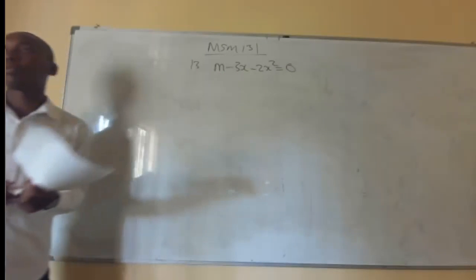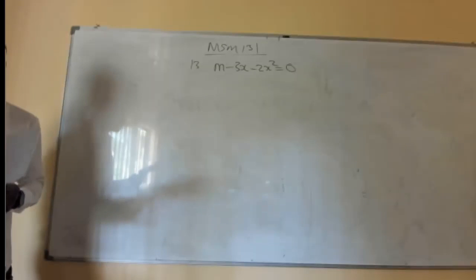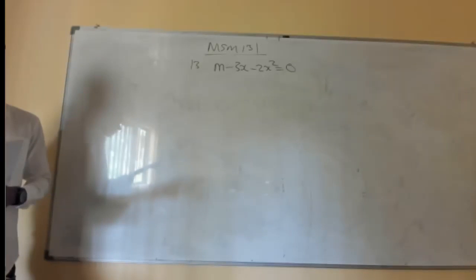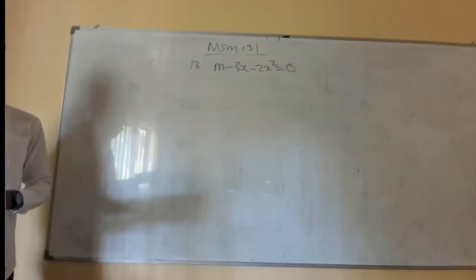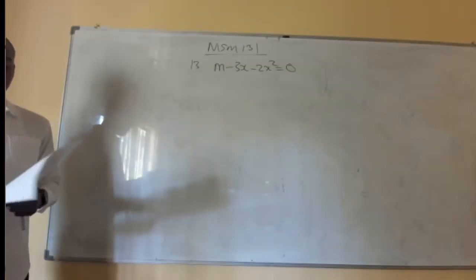Okay, so you've been given that equation and the question has not been stated, so let's look at what the question is. Find in terms of m an equation whose roots are alpha squared plus 1 and beta squared plus 1.